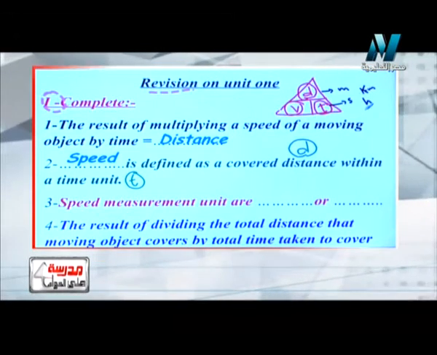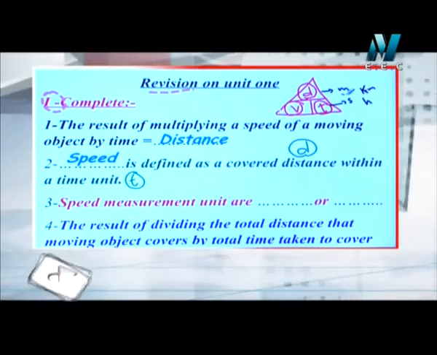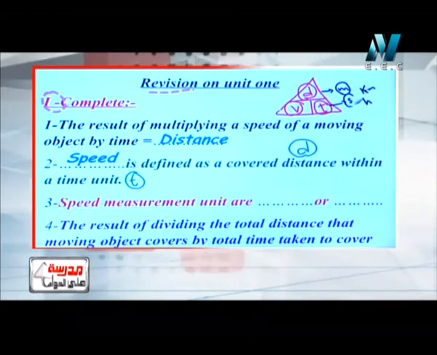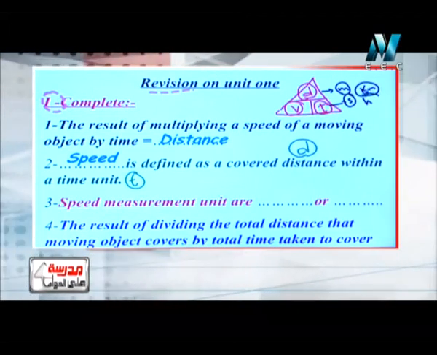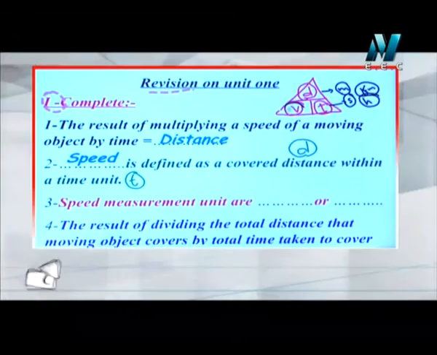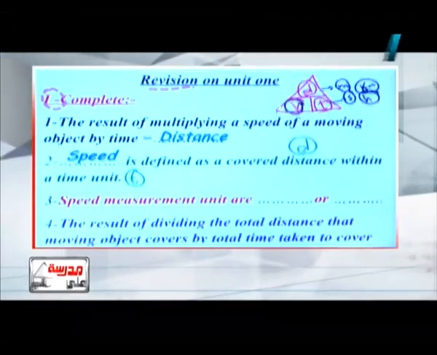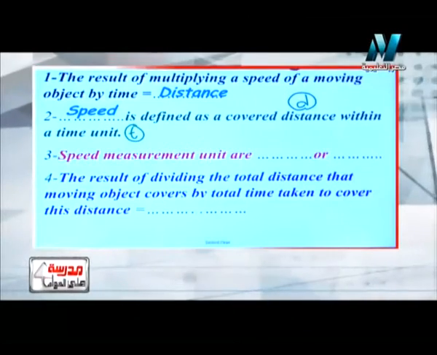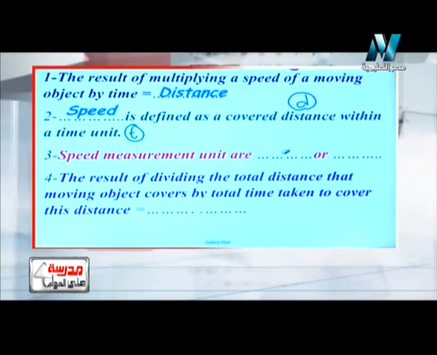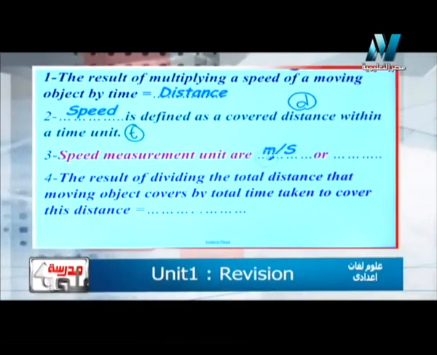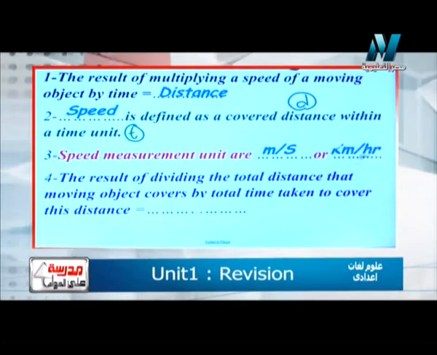So maybe the speed is meter per second or kilometer per hour. So we have 2 measuring units of speed. The speed measurement units are meter per second or kilometer per hour.